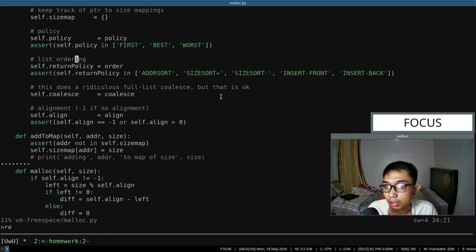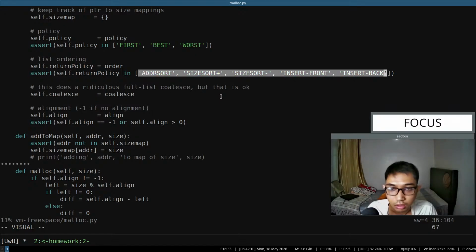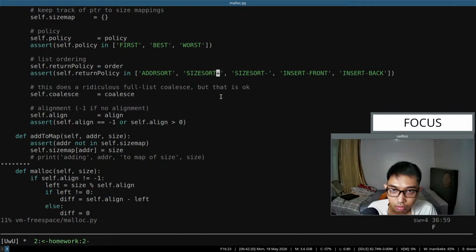And then that list ordering: add R sort, size sort plus, size sort negative, insert front, insert back. And what is add R sort here?